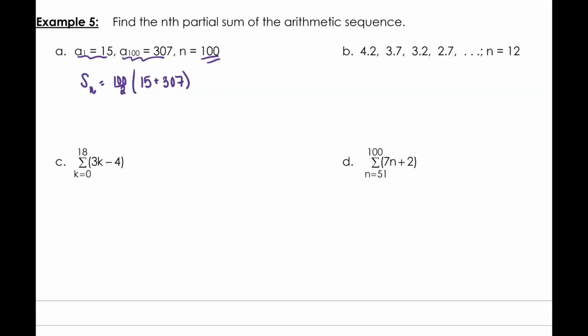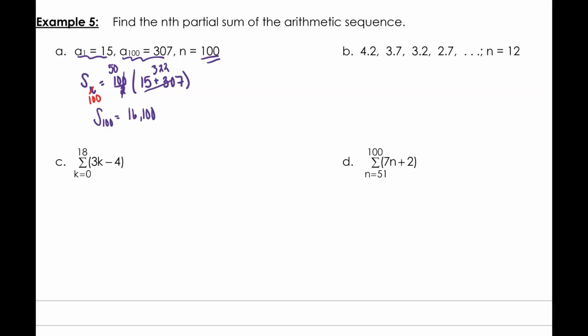They won't always be this straightforward. And S sub n, we can replace with 100 because they tell us we're doing 100. So we get 50 times the sum of 15 and 307, which is 322, and obviously you're going to need your calculator. And we get 16,100 here.